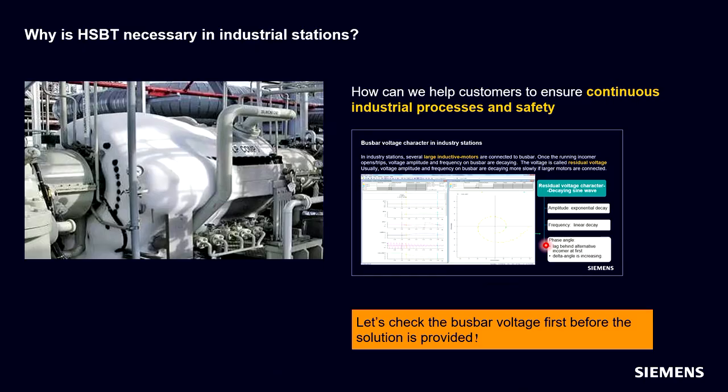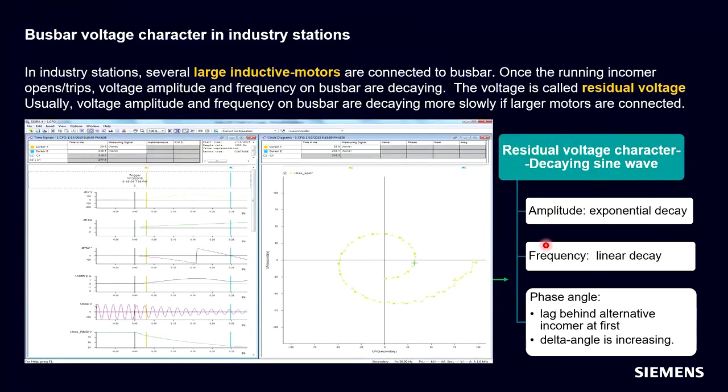For that, we first check the busbar voltage to understand why we need this solution before we provide it. If we have a closer look at this fault record, we see the motor is running down. And we also see on the right side a circle diagram of the voltage.